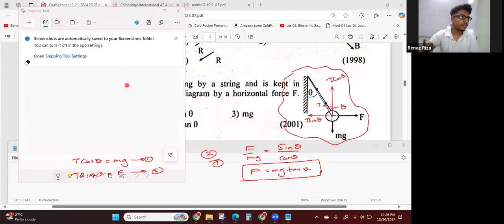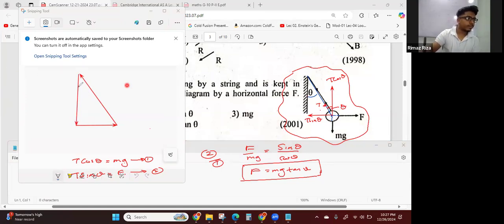For an object in equilibrium, we can construct a triangle. So first I have the force F to the right, and then tension in this direction, and weight vertically downward.